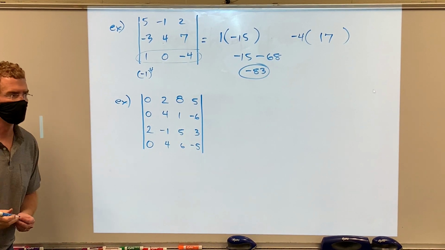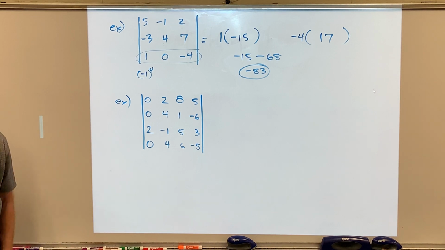Evaluate the minor. Now there is no diagonal method here, is there? Do you see a preferable row or column that you could use?